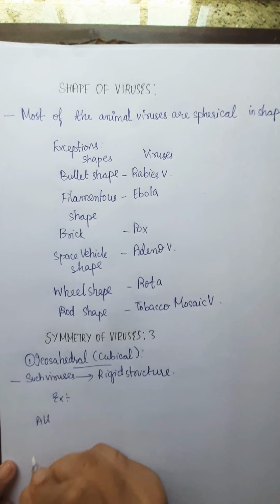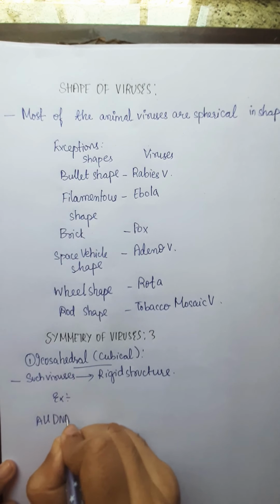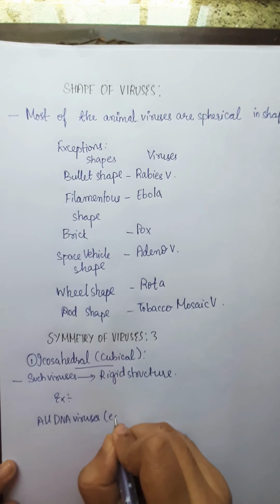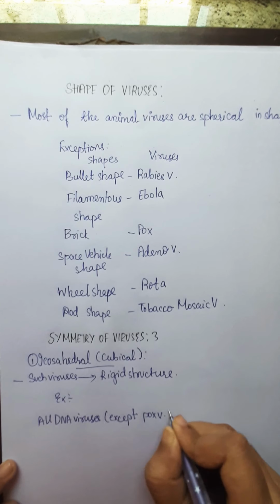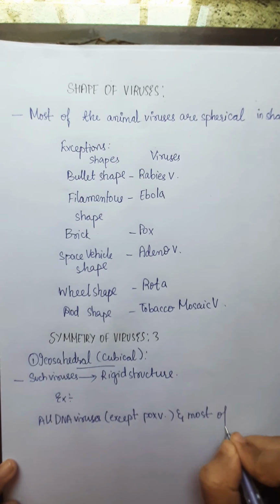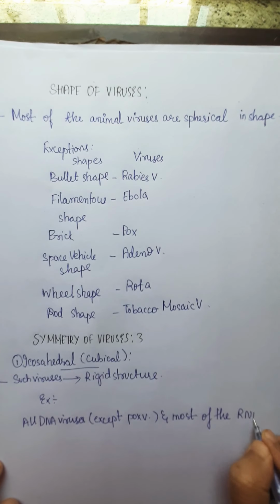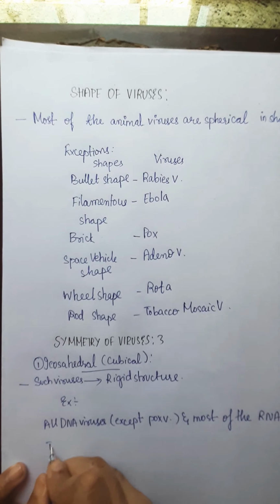All DNA viruses except the pox virus and most of the RNA viruses have icosahedral symmetry.